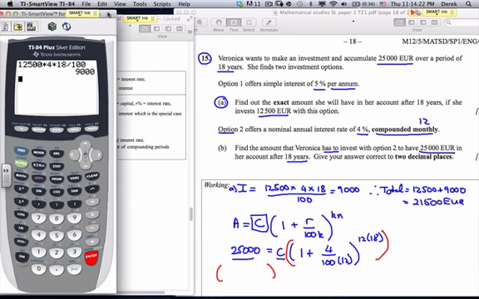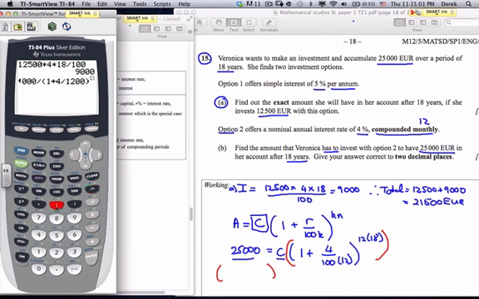So let's do that on our calculator. So we're going to get 25,000 divided by, now I'm going to need to put this all in brackets, 1 plus 4 divided by, now that's obviously going to be 1,200, 100 times 12, 1,200, close brackets, and all to the power of 12 times 18.